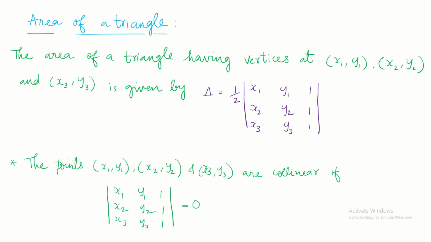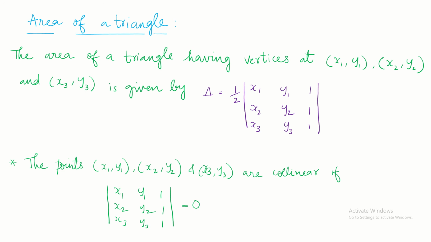Next is area of a triangle. Before this, area of a triangle, you have the topic properties of determinant. Very important topic, a bit lengthy subtopic. So that I will be taking in the next class. This is a small topic, so I thought I'll just do it in this class and finish it off.